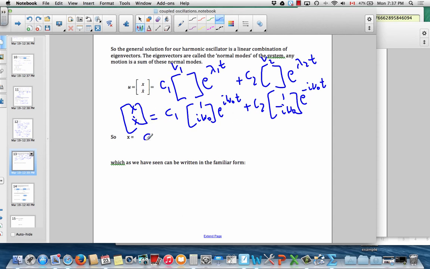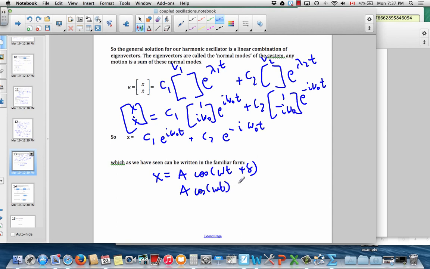So reading off x, we get c1 e to the i omega naught t plus c2 e to the minus i omega naught t, which is exactly the solution we found before, and we saw that we could write it in the more common form a cos(omega t plus delta), or a cos omega t plus b sin omega t. And I guess those really aren't a and b, because it's not the same as that a. So maybe I used d1 and d2.